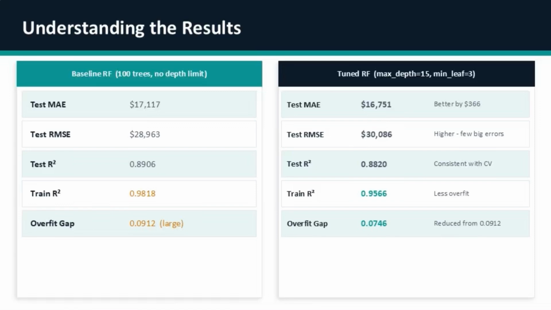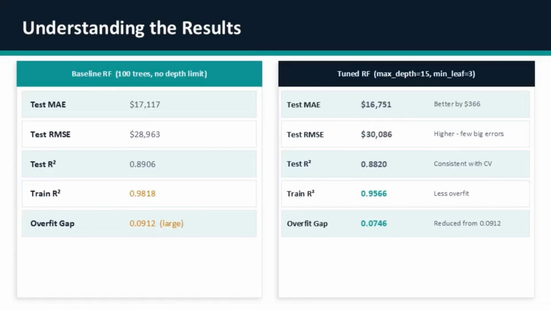More importantly, look at the overfitting gap. The baseline had a train R-square of 0.9818 versus test R-square of 0.8906, a gap of 0.0912. The tuned model reduced this to 0.9566 versus 0.8820, a gap of only 0.0746.